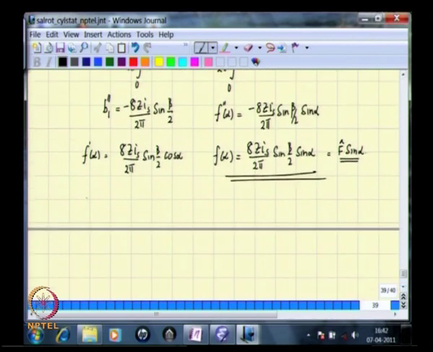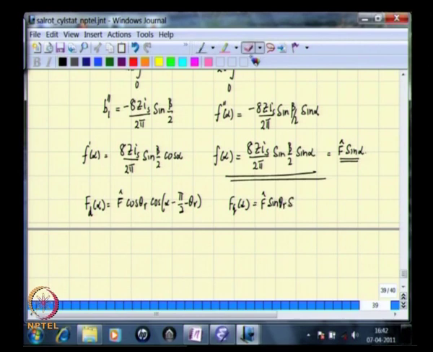Therefore what you have, this is similar to what we have done earlier, fd of alpha is then f hat multiplied by cos theta r into cos of alpha minus pi by 2 minus theta r, and fq of alpha, which is a variation with respect to alpha, is f hat into sin theta r multiplied by cos of alpha minus theta r.